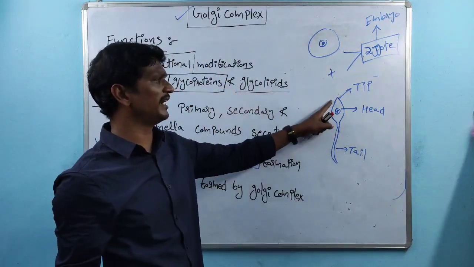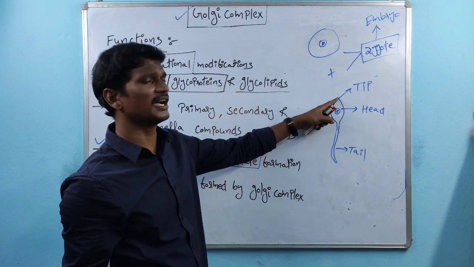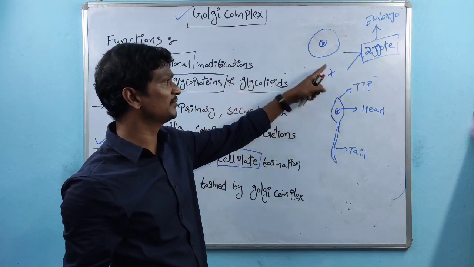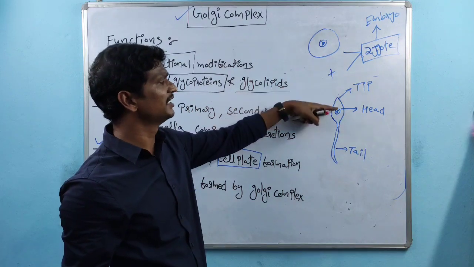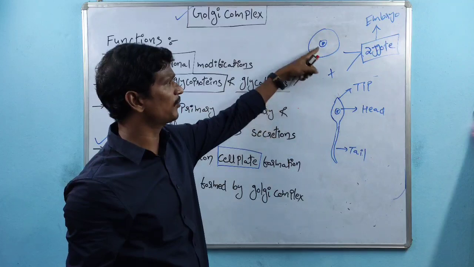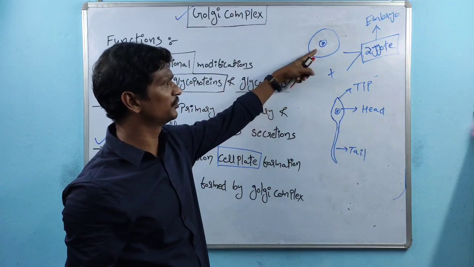So the sperm cell head part has an acrosome structure. The tip part contains the hyaluronidase enzyme. That enzyme degrades the ova membrane. Haploid sets of chromosomes are fused, that is, both the nuclei are fused.